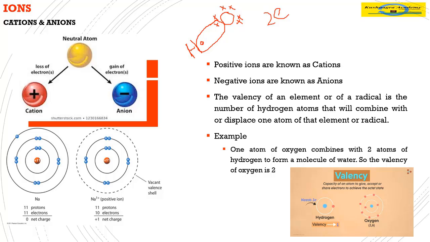So the hydrogen's duplet is complete, but the oxygen's octet is still not complete. So what will oxygen do? Again it will make a bond with another hydrogen atom. Now count the number of electrons of the oxygen atom: 1, 2, 3, 4, 5, 6, 7 and this one 8.